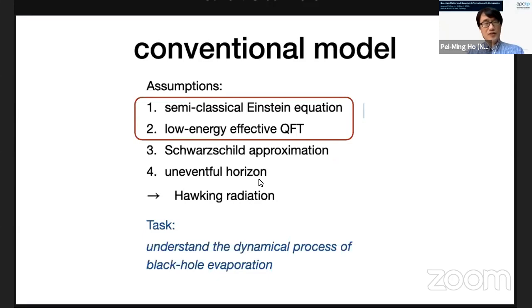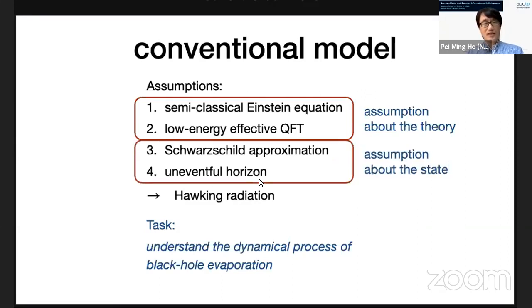So the first two assumptions are about the theory, the theoretical framework we use to do computations. And the next two assumptions are about this particular configuration of the black hole, the quantum state of the black hole. And with these assumptions, you can do the usual calculations you do in theoretical physics, and analyze how the black hole would evolve with time.